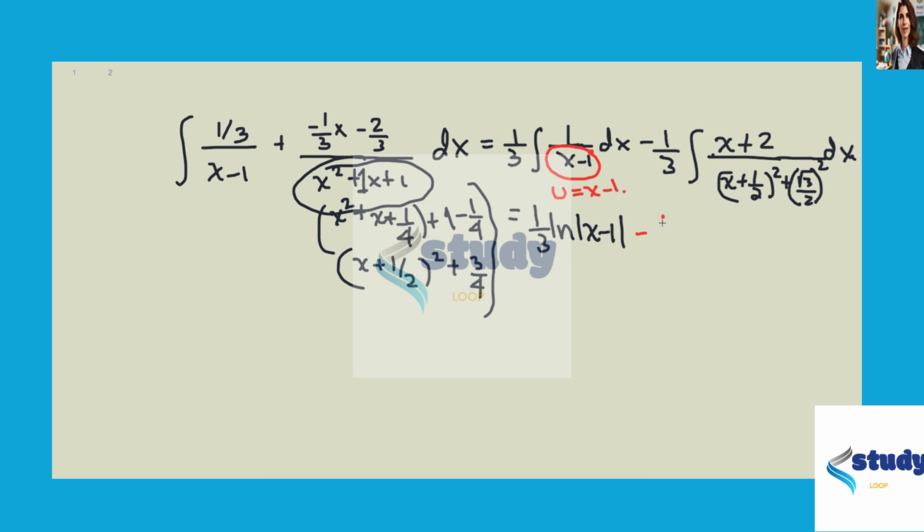What might also work here is to rewrite the numerator. So let me write this as x plus a half. All I'm doing here is writing 2 as a half plus 3 halves. And the reason I'm pulling a half is because I see x plus a half in the denominator. So let me just leave the 1/2 here. I'll deal with the 3 halves in a second.